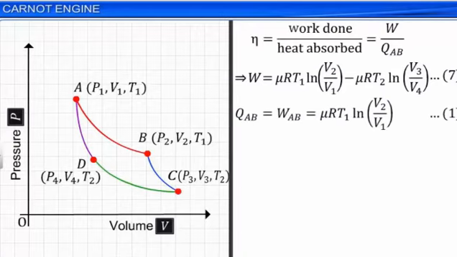In processes BC and DA, no heat is exchanged since they are adiabatic. And in process CD, heat is released. Hence, these three processes are not considered. Therefore, efficiency is equal to W by QAB.